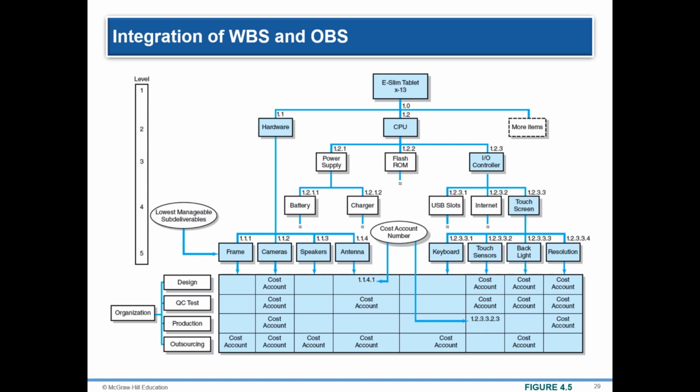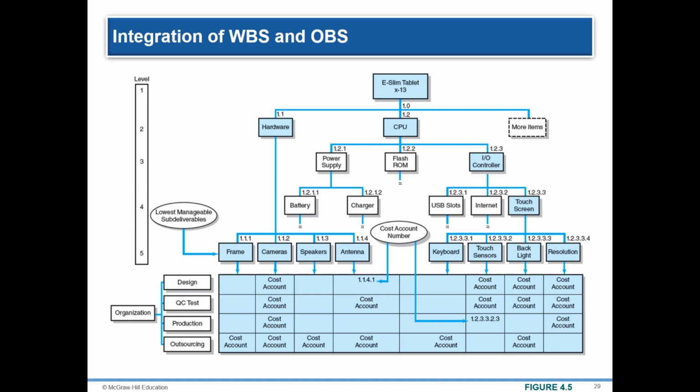The intersection of work packages and the organizational unit creates a project control point, which is called the cost account, that integrates work and responsibility. The intersection of the WBS and OBS represents the set of work packages necessary to complete the sub-deliverables located immediately above, under the organizational unit on the left responsible for accomplishing the package at the intersection.